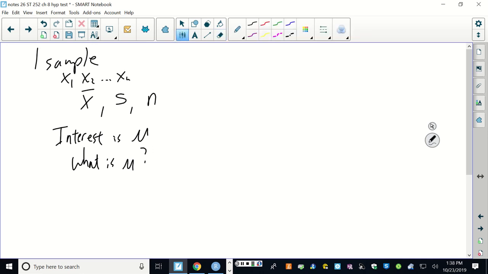One way to answer this is like we did in chapter 7, you make a confidence interval for it. That would tell you where it is, but sometimes you have a focused question. Is the population mean equal to some specified value? This is sometimes called the null value. Or is it different?